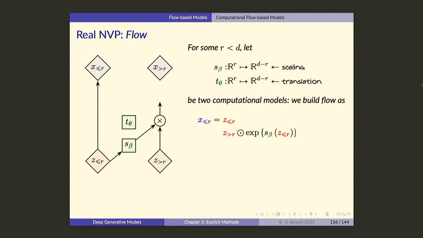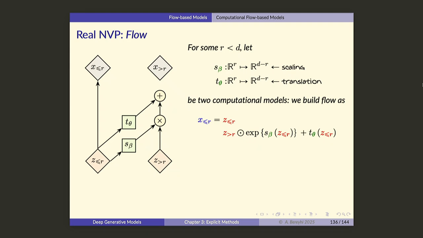Clear? Now, I'm going to take, again, the first part and pass it through the translation network. The r-dimensional input goes inside the translation network, and the output is going to be d minus r-dimensional, exactly the same dimension as what we had after the multiplication, right? And then I'm going to add them up entry-wise to that expression.